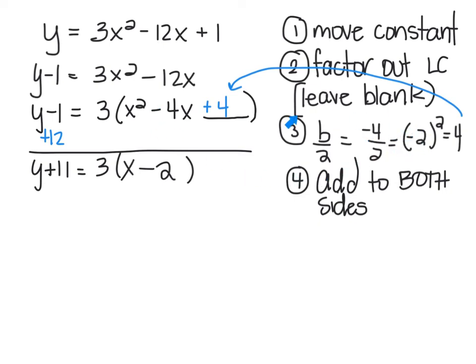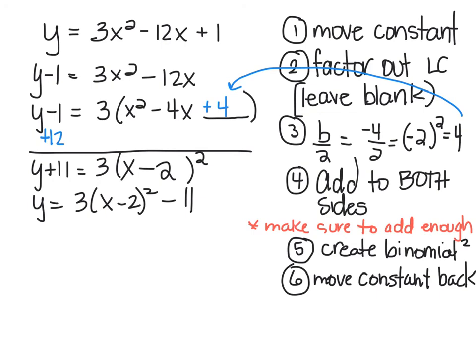So this number drops in here, and then as a binomial squared, I move the constant back, and I have gone again from standard form to vertex form. So when I add to both sides, don't forget to make sure you add enough. You can't just add 4 here and here. 4 is inside the parentheses, so the 3 distributes to the 4, adding 12.